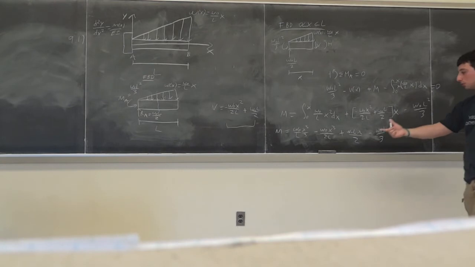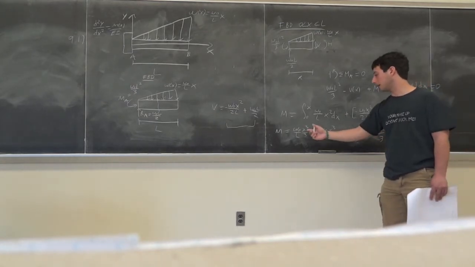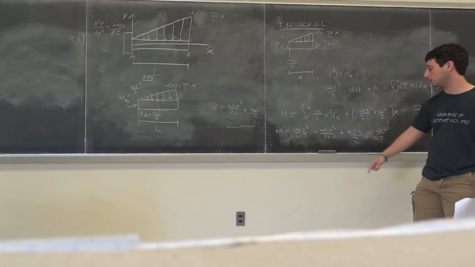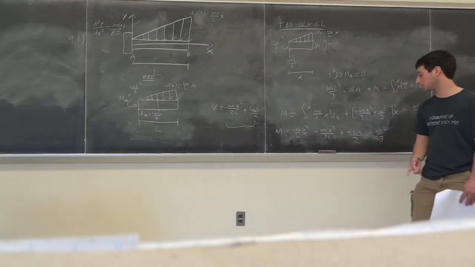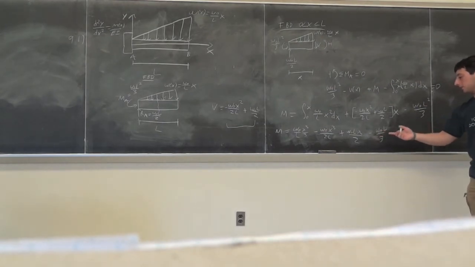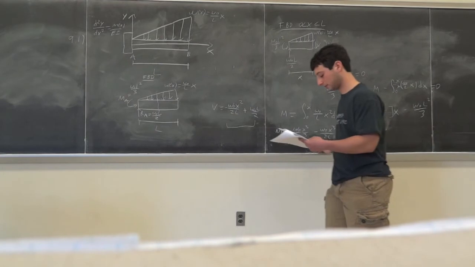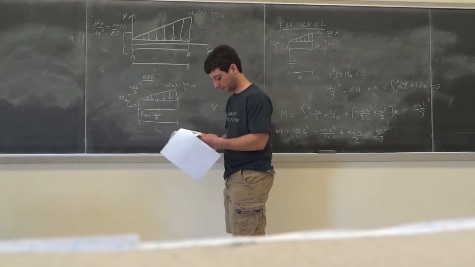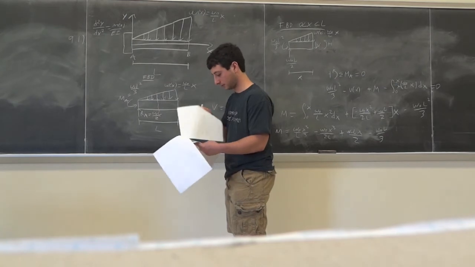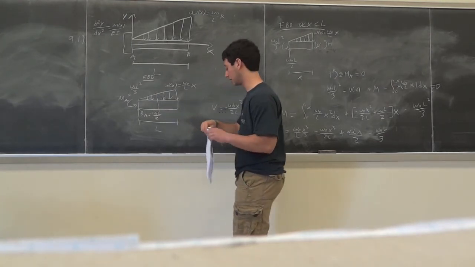So you have two terms over here that could reduce, right? This is W naught x cubed, W naught x cubed. This is 2L. So you have this fraction, you can simplify it, and you can't simplify this term. So let me just give you the simplified version of the moment. I did a little trick too.